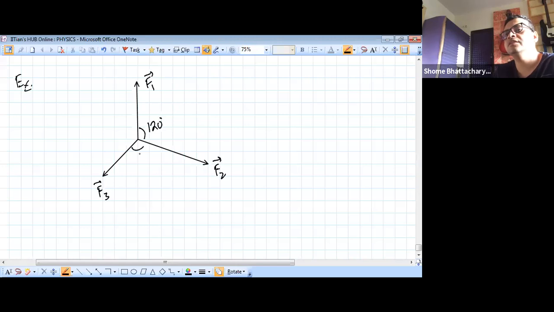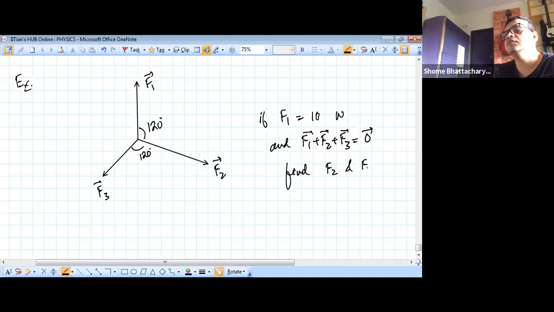If F1's magnitude is 10 newtons and F1 plus F2 plus F3 is 0, then find F2 and F3.